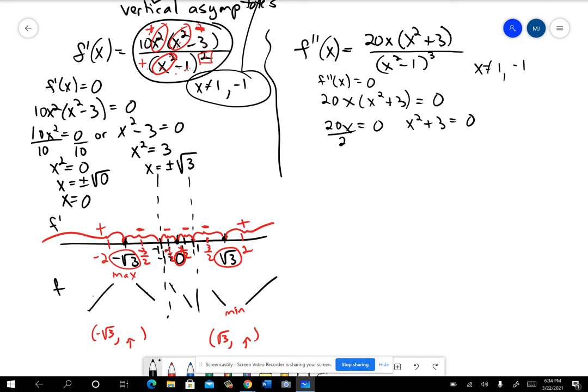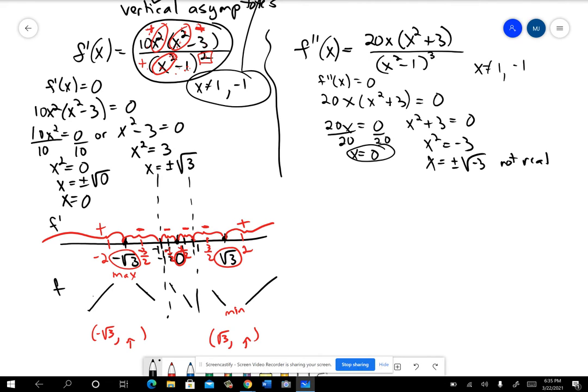And if 20x is 0, then we know x has to be 0. When we look at x squared plus 3, though, once we subtract the 3, we have x squared equaling -3, which means it's not a real number then. And we're looking for real numbers that can show up on a real number coordinate plane. So this would be x equals plus or minus the square root of -3, and that's not real.